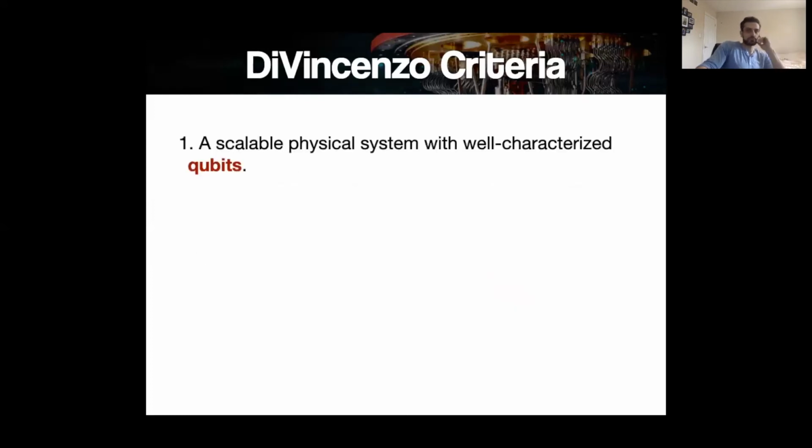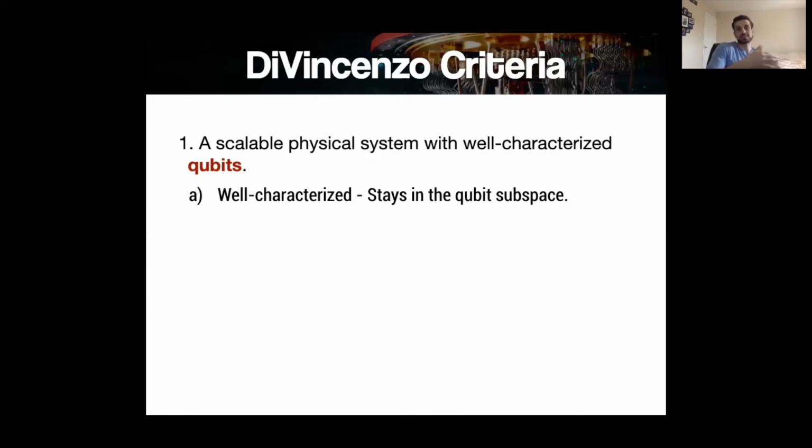So now a little bit more detail on each of these. The first criterion, a scalable physical system with well-characterized qubits, has 2 parts. The first is well-characterized. What does that mean? That means it stays in the qubit subspace. Let's say I take an atom, and an atom has a ton of electronic states.